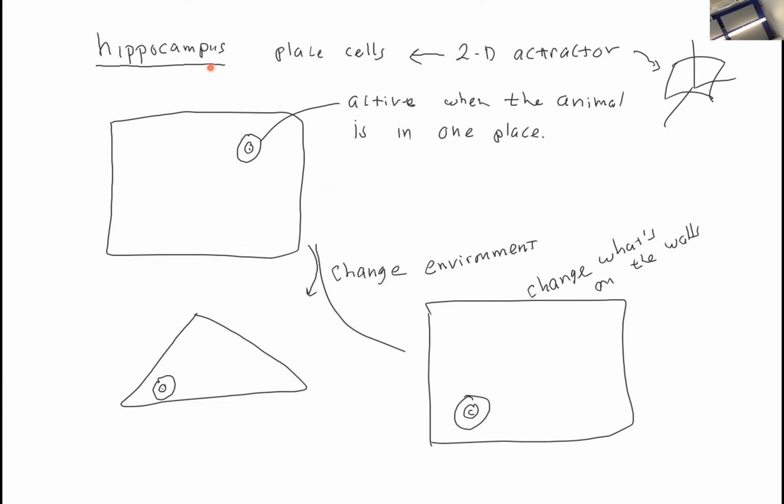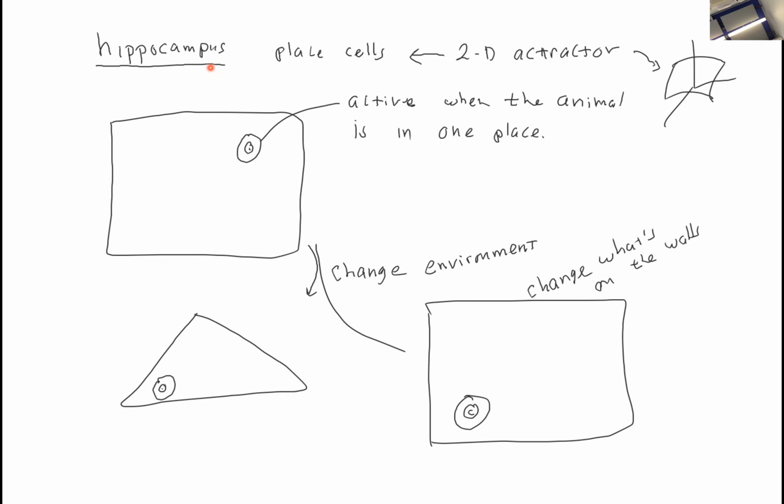If the drift is slow enough, it's only going to matter when the animal's in pitch dark. And in pitch dark, animals tend to go to the walls, they feel things. In fact, humans anyway are very bad at figuring out where they are in the pitch dark, and I doubt rats are much better. If you ever try to walk around in a really dark room, it's really, really easy to get lost.